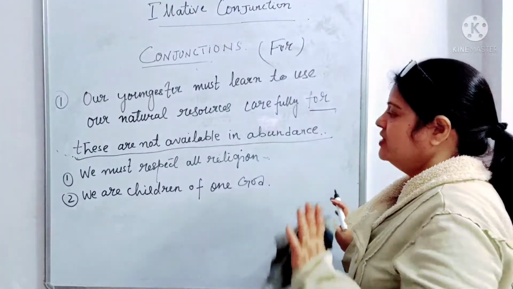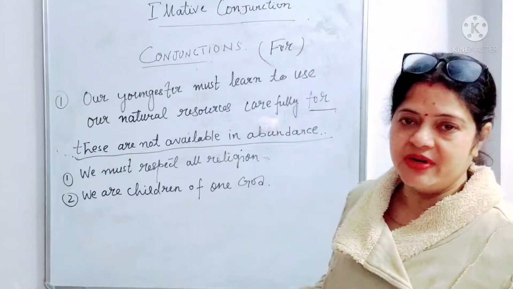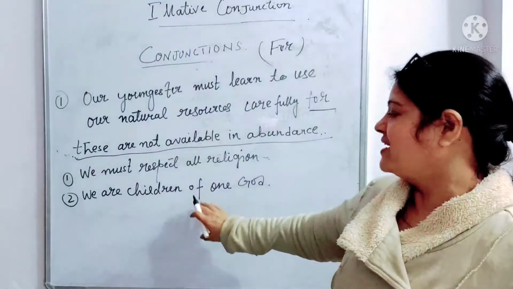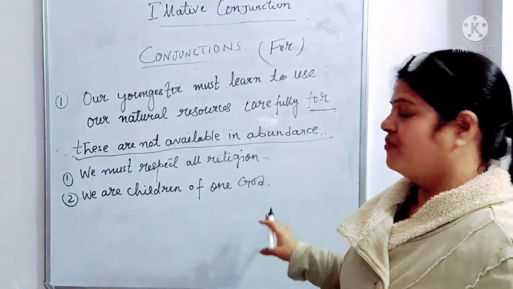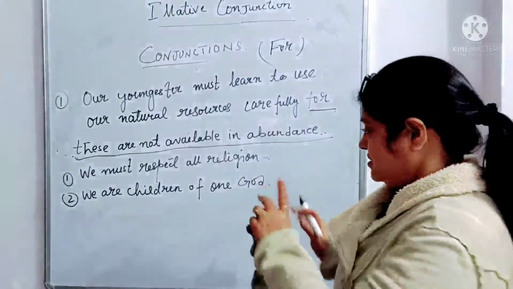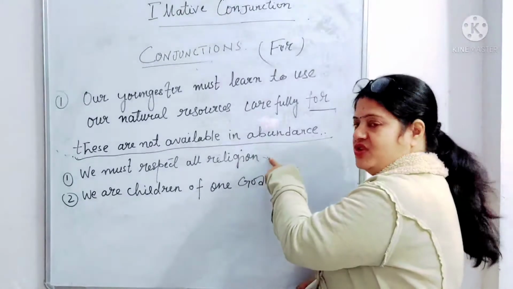The first sentence is saying that we must respect all religion, and the second sentence is showing reason: we are children of one God. So this is the reason that we should do this.